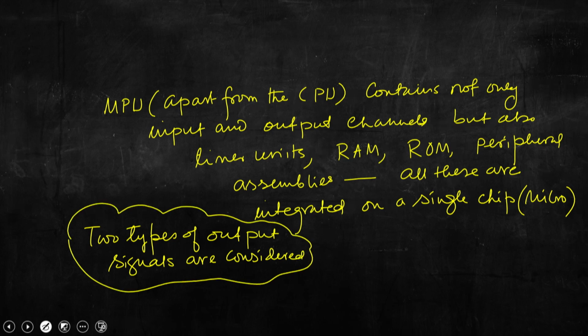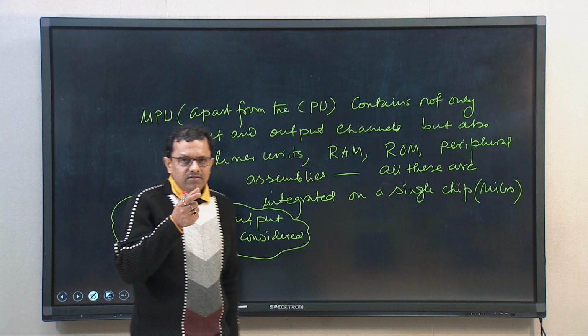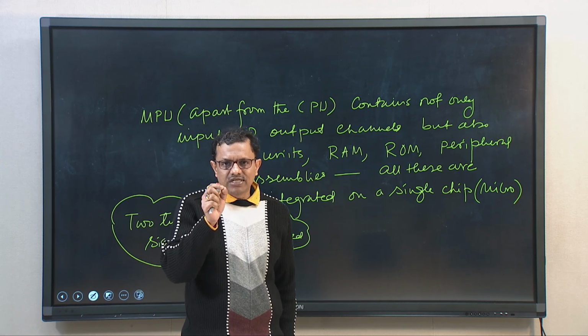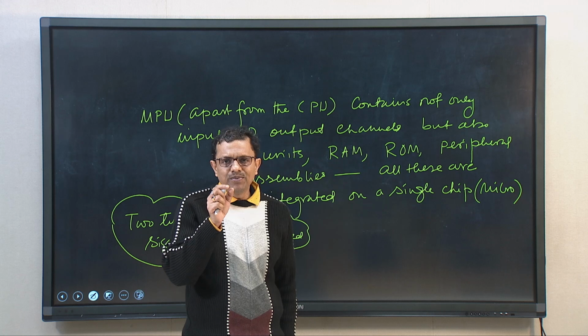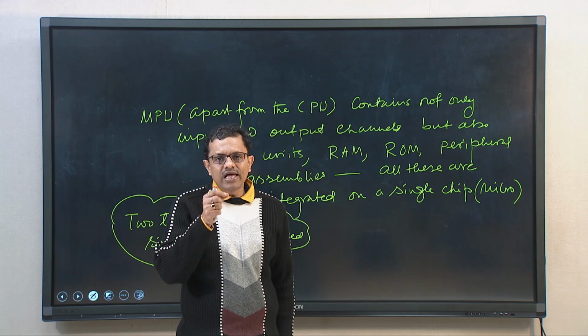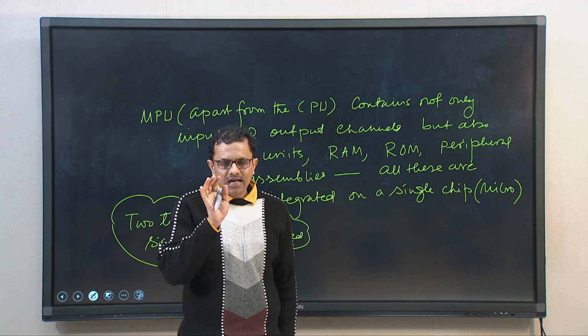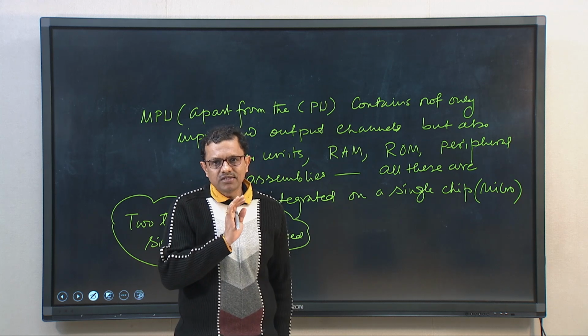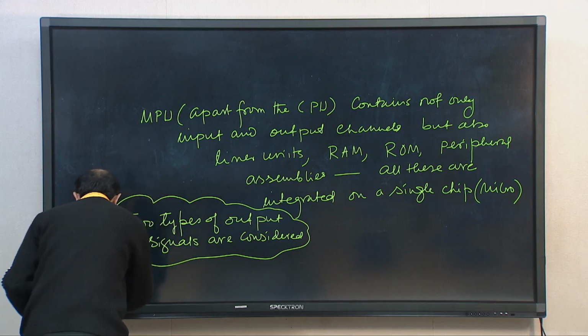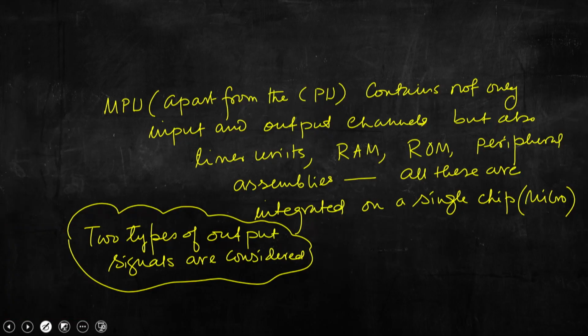Right. Microprocessor unit or MPU will give some signals to the actuators. So, that means MPU triggers the drive of the controller to actuate actuators, and typically two different types of signals are considered.